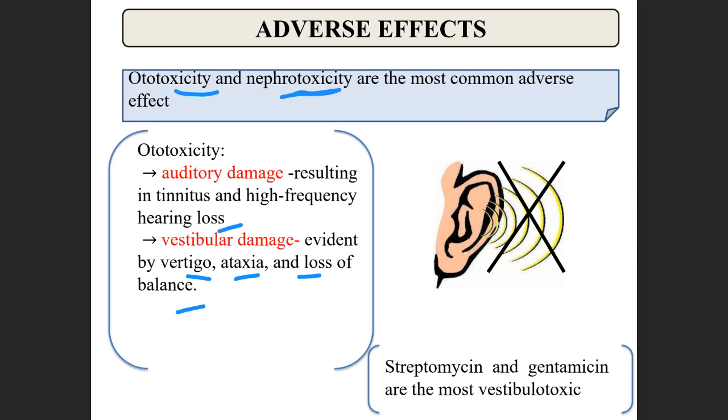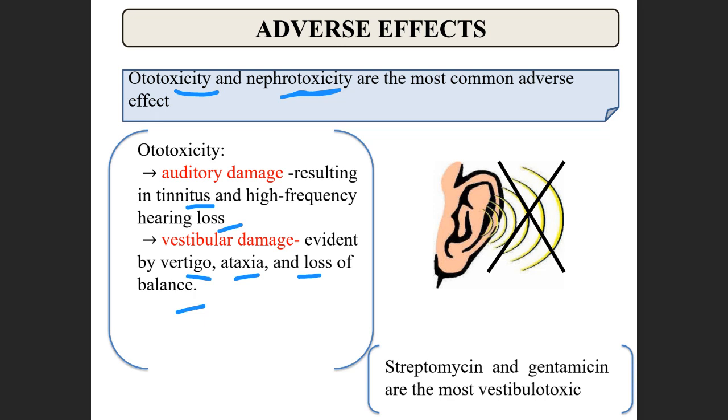When a person suffers from this ototoxicity, auditory damage, there will be some damage in the ear, and the person will hear the tinnitus sound, like a small beep or ringing sound. Especially the high frequency sound will get disturbed. And as other evidence, the patient may undergo vertigo, ataxia, or loss of balance.